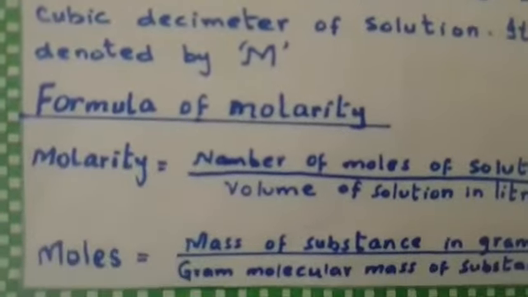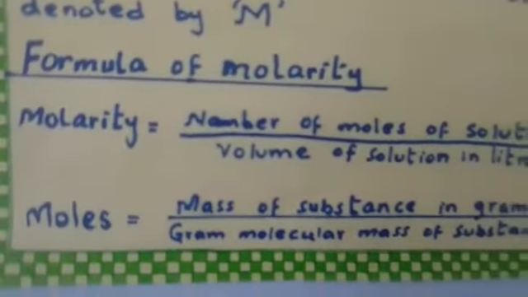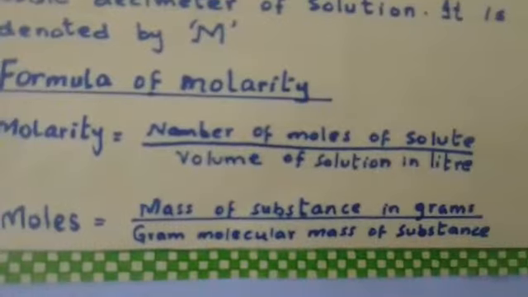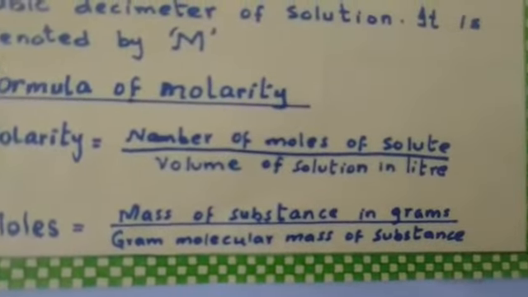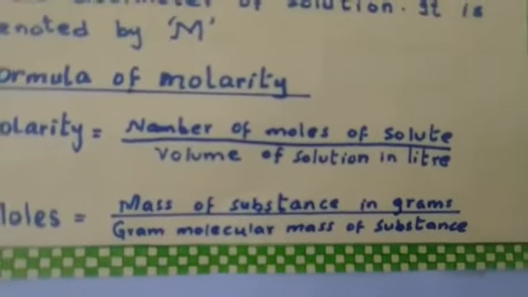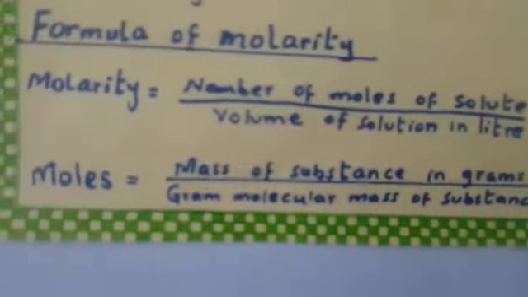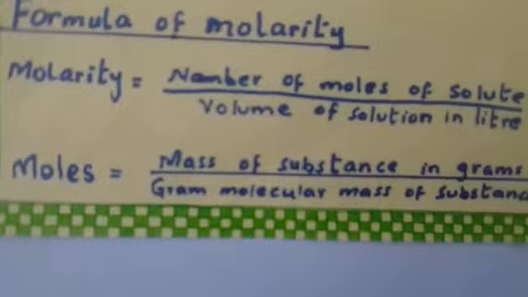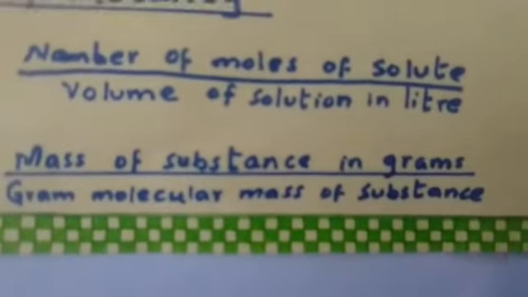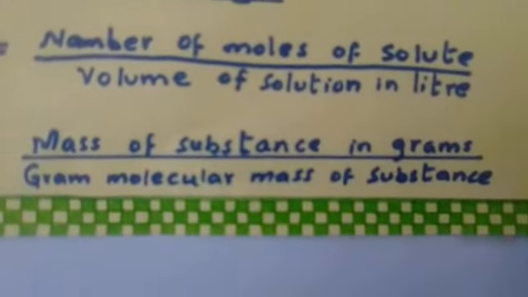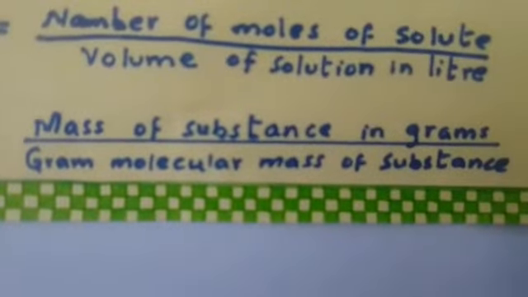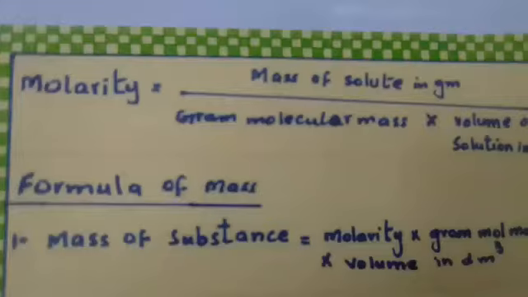The formula of molarity is molarity equals number of moles of solute divided by volume of solution in liter. The formula of mole is mass of substance in gram divided by gram molecular mass of substance.